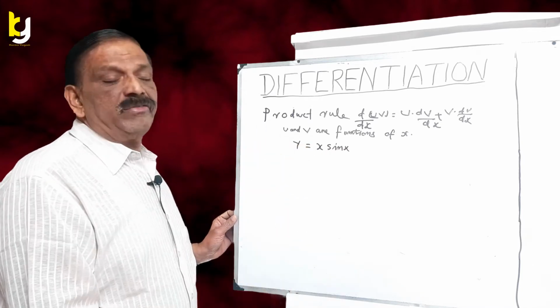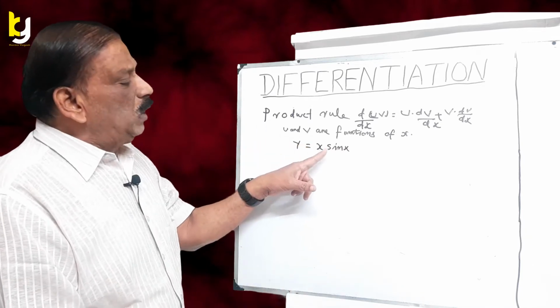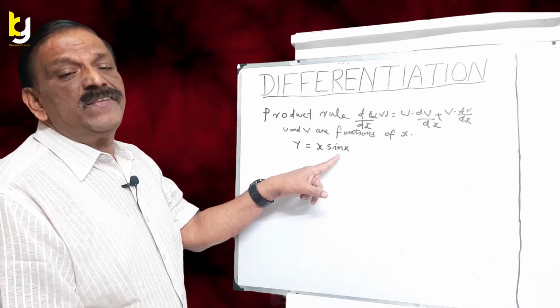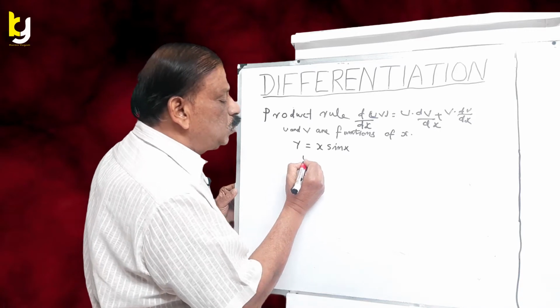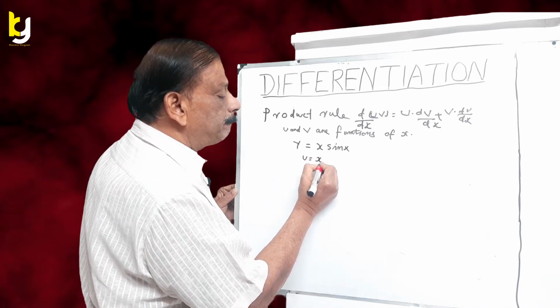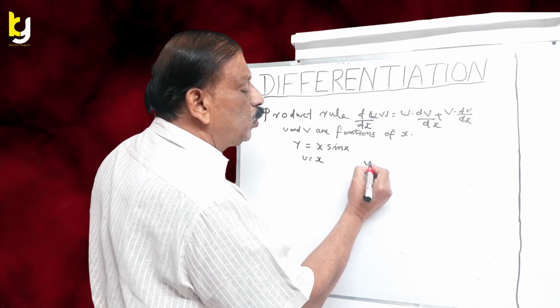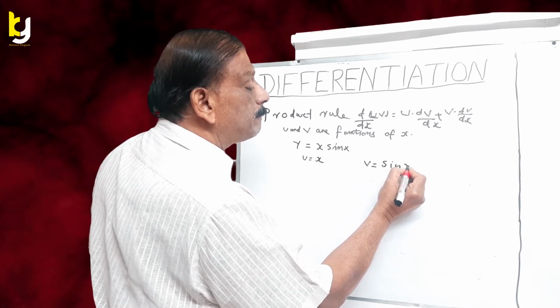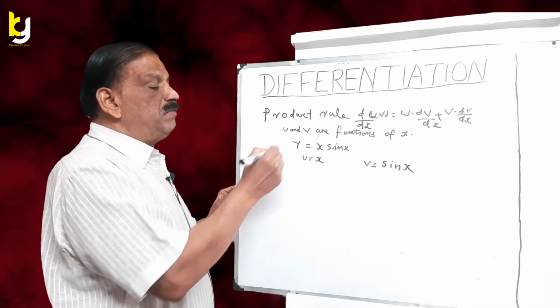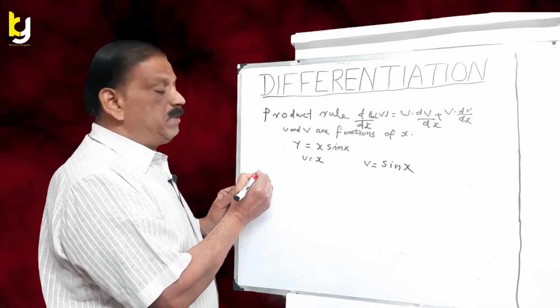Here x is u and sin x is v, and u and v are functions of x. U is equal to x, v is equal to sin x. We must find dy by dx.